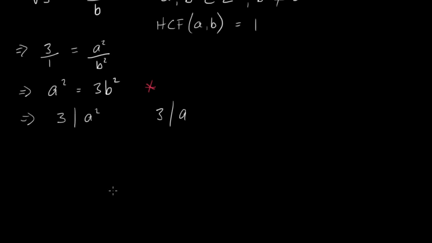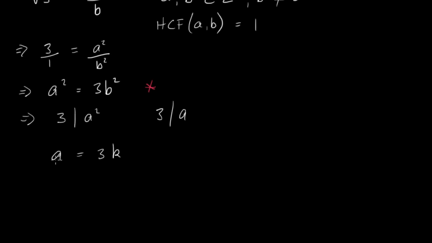Now, we're going to start this by just saying here that a is divisible by 3. So that means that a is going to be equal to 3 times some number.